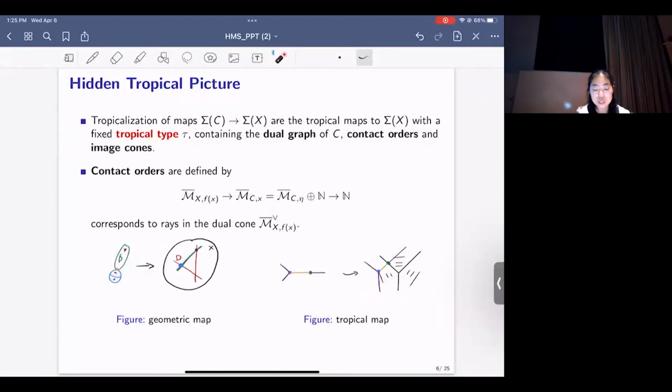Tropically, it corresponds to sending this vertex to the strata associated to this component of D, and the 3 rays over here remember the contact orders of each marked point, and the direction of the orange curve over here remembers the contact order associated to the nodal points.